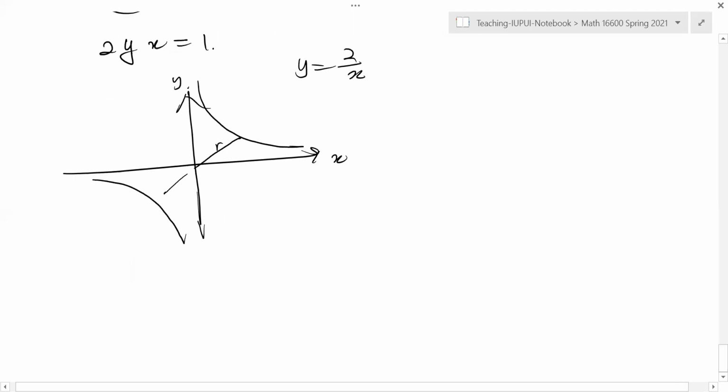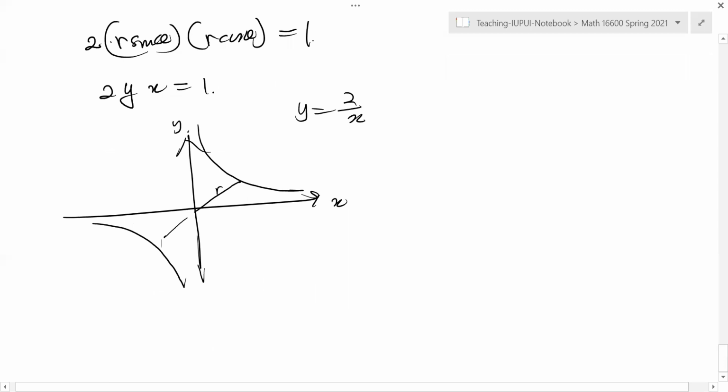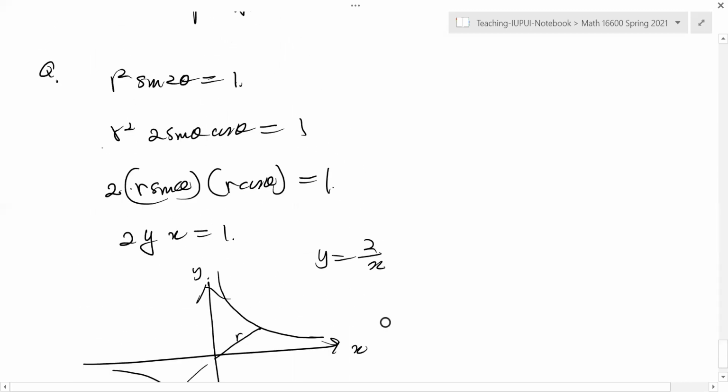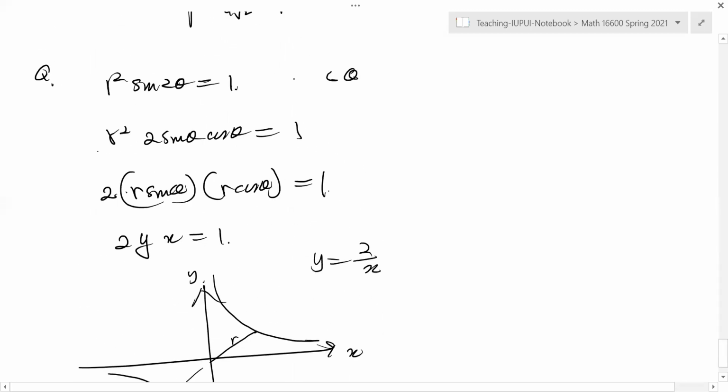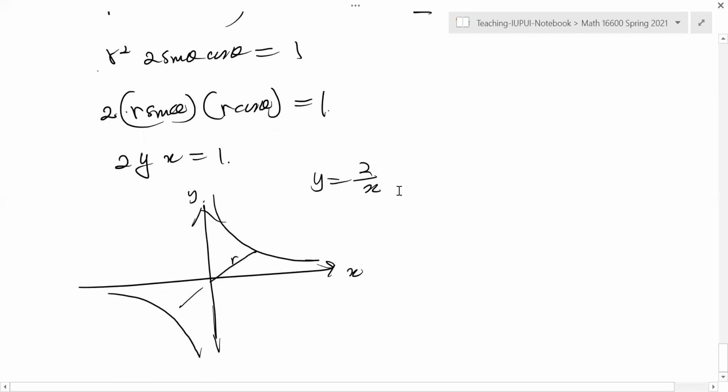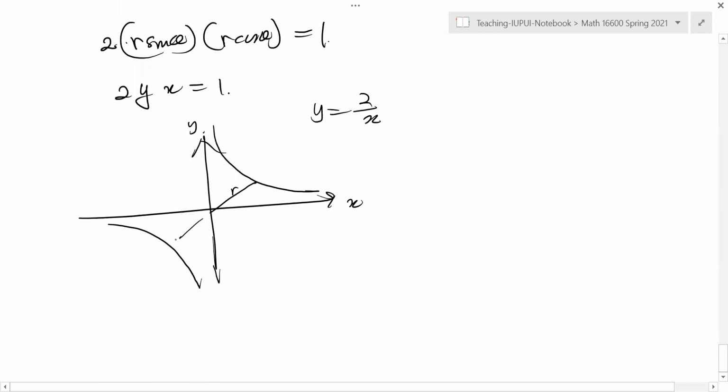So even if theta is between 0 and pi over 2, I get 2 pieces because it allows r to be negative. So I can even assume that theta is greater than 0 and less than pi over 2. Then you get these 2 pieces already because r can be negative. If r is negative, you get this point. And theta ranges from 0 to pi over 2.